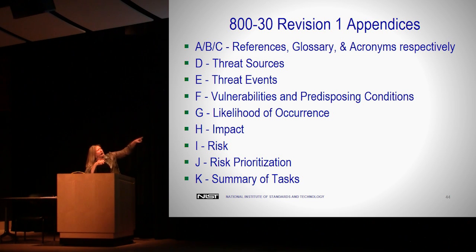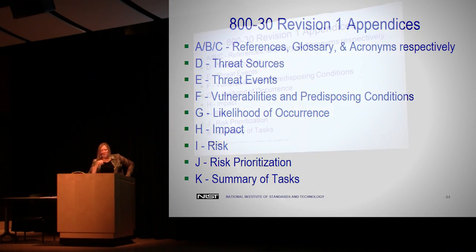And then we get these other appendices, and again, we'll be using these extensively in the workshops, but there's an appendix with threat sources, one with threat events, one with vulnerabilities, one with likelihoods, one with impacts, and then one to help you with your risk determinations. And also risk prioritization, and then in this case, just a summary of the tasks in a table format.